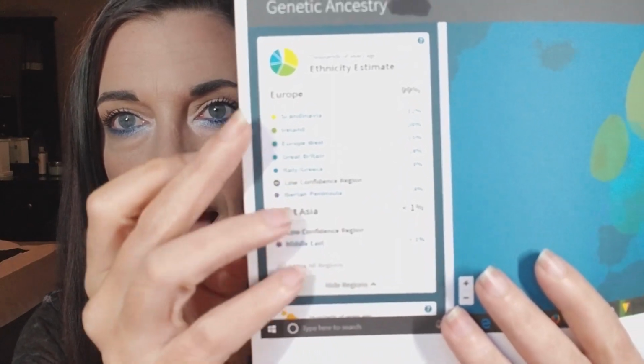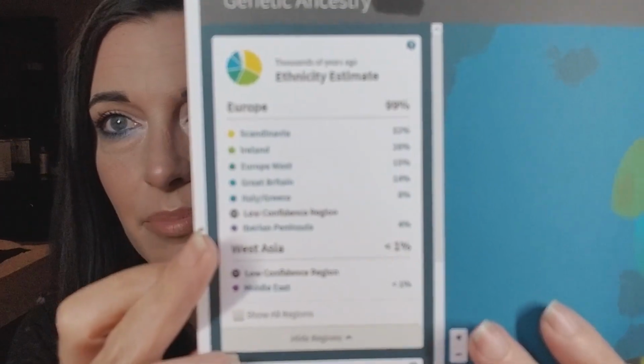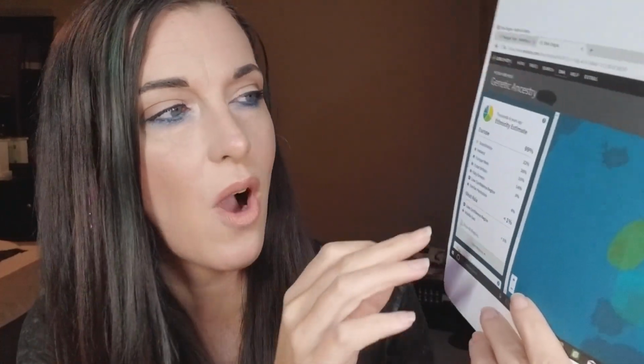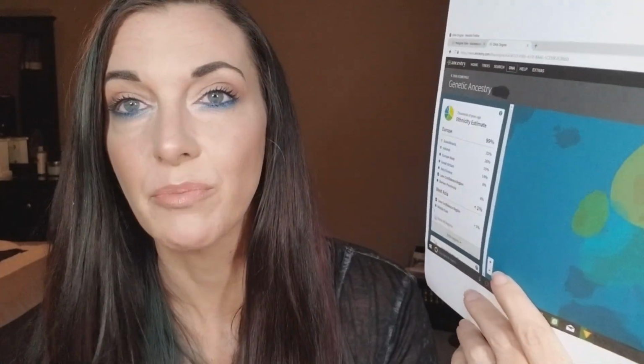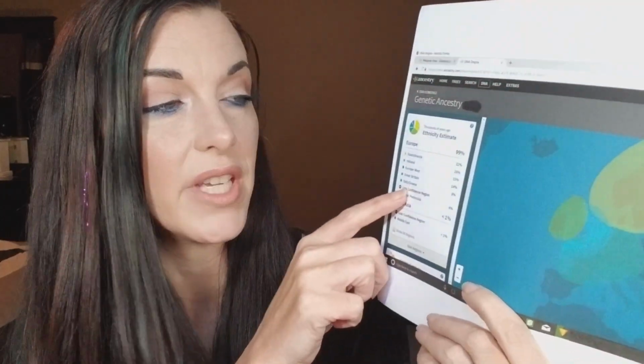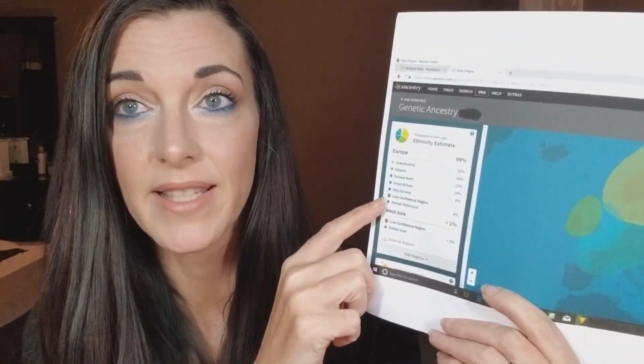So as we see, I am 99% European. I don't think that's a big shocker to anyone. I come in at 32% Scandinavian, 26% Ireland, 15% Western European, 14% Great Britain, 8% Italy and Greece, and then you get down to a low confidence area.